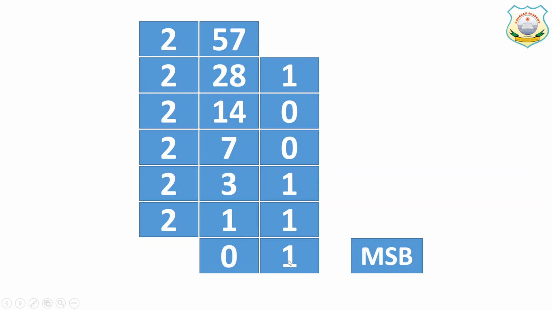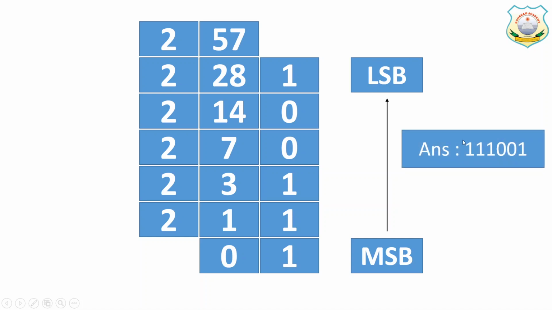The top will be called the most significant bit, and the bottom-up approach ends at the least significant bit. So what is the answer for this? The answer is 111001. So that's the binary representation of the number 57.